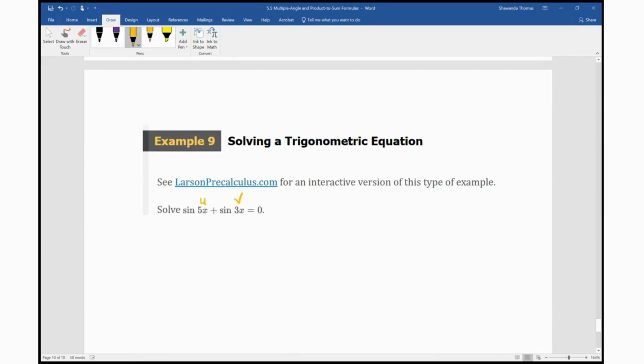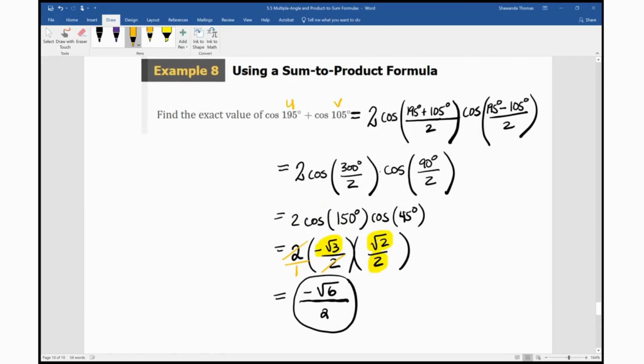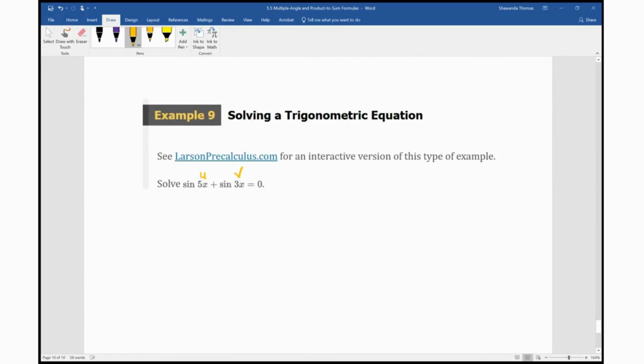Now notice this one, we're not just simplifying it. Example 8 said find the value, so we were just trying to simplify. Example 9 is saying solve it, meaning what does x equal in the end? So we're going to end up with some different answers. All right, let's go forward.